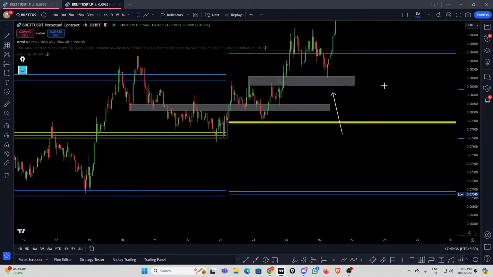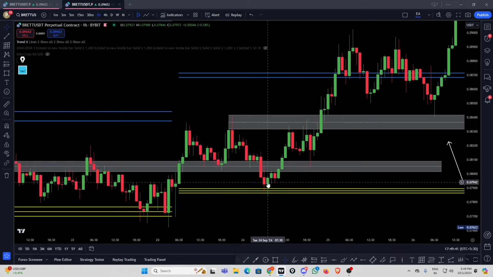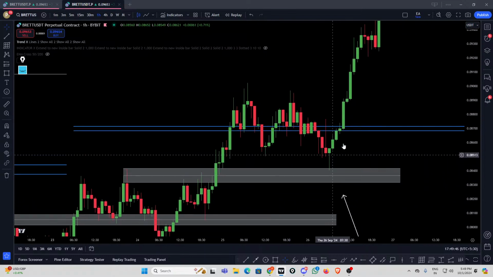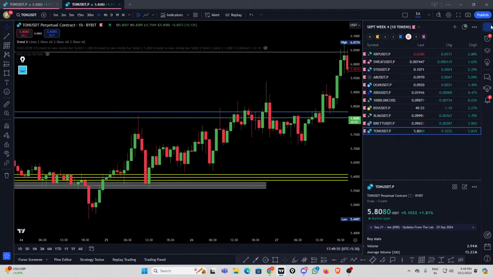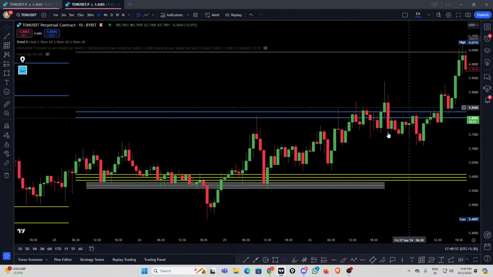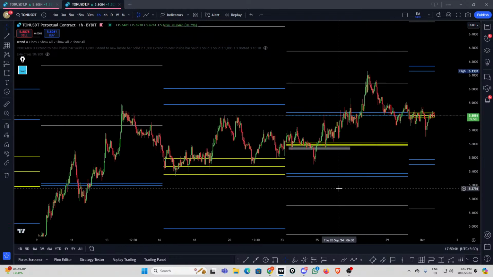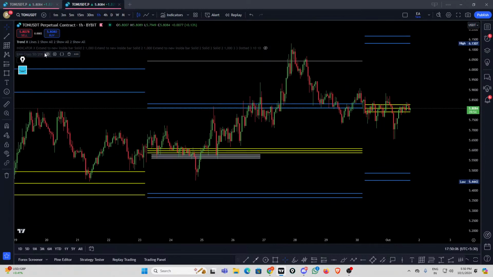Here it was a hammer, and we got a hammer here, so for that reason we could take the trade. And with FIRE USDT, I think I'm missing it here, we also took the trade with a dragonfly doji. Even last week we took the trade from this area. So the daily Trend X will help us find those trade setups.